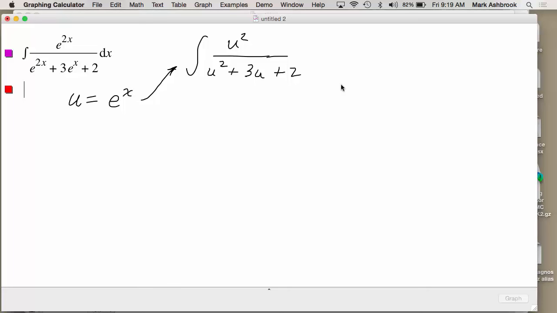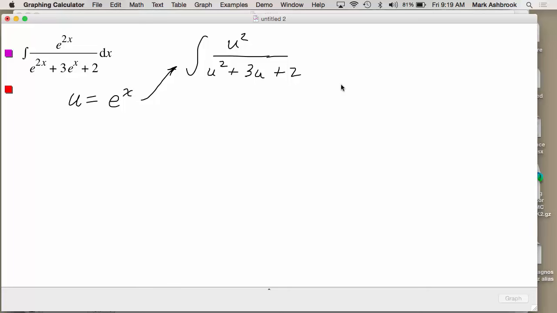We said that's the rate of change, and we take the rate times a little change in x, which gives us a little bit of change of the quantity. It's not just notation to mean this is an integral, this is an antiderivative. So that dx is important. We just can't change it to du.